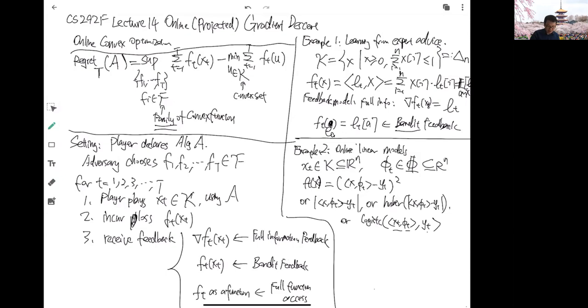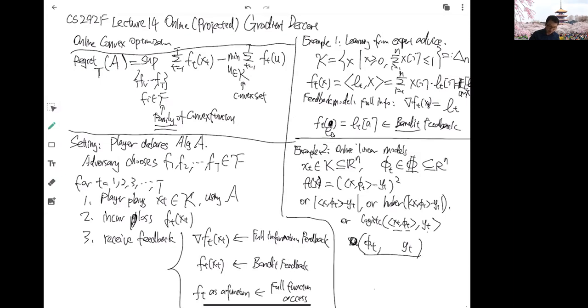What kind of feedback are people getting? In the online linear model, at every iteration we get a new data point. We get phi t at the time of prediction, and then we get yt and phi t together as feedback. What does this mean? It means that we actually have full function access, and we can use this to construct the corresponding gradient of this function ft.